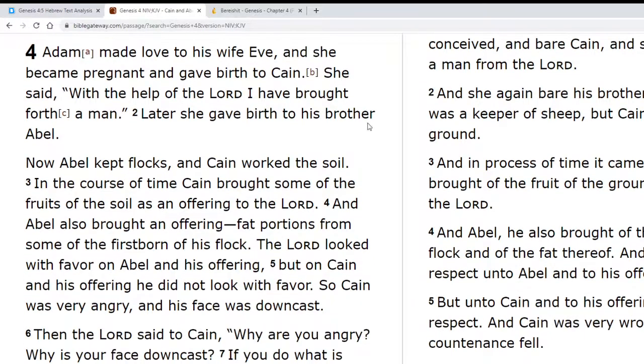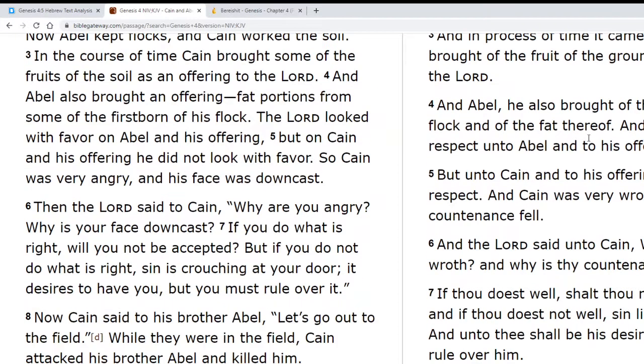Verse 5, King James: but unto Cain and to his offering he had not respect. So you see, they translated, and the Lord had respect unto Abel and his offerings, and they're doing, no, he did not have. And Cain was very wroth, and his countenance fell. NIV: but on Cain and his offering he did not look with favor.